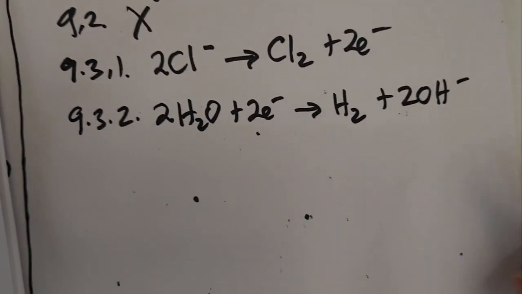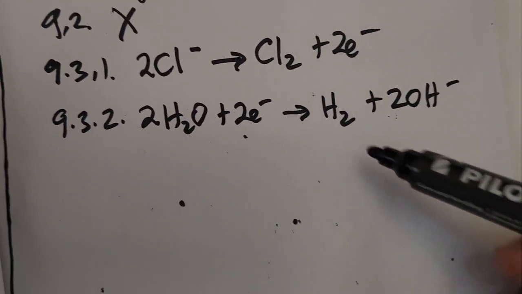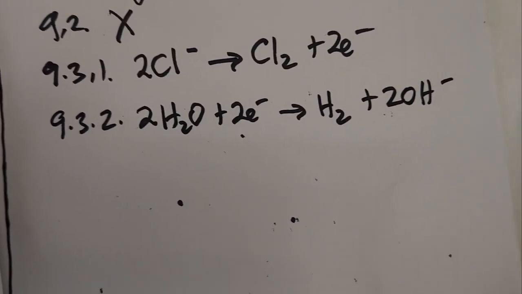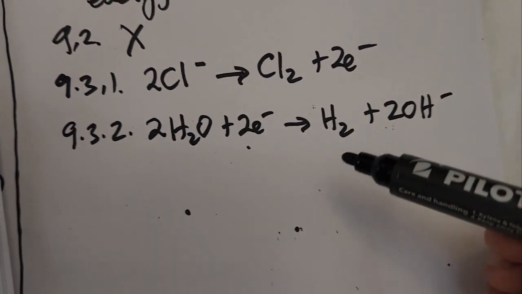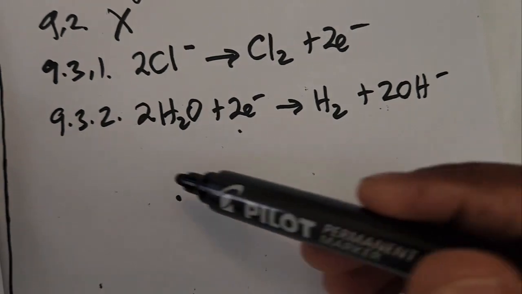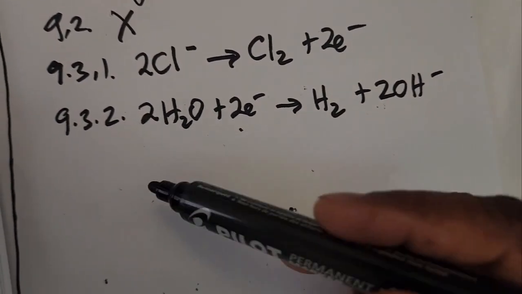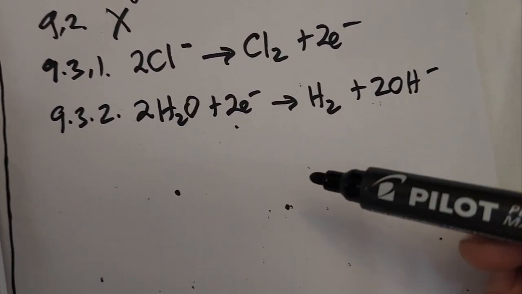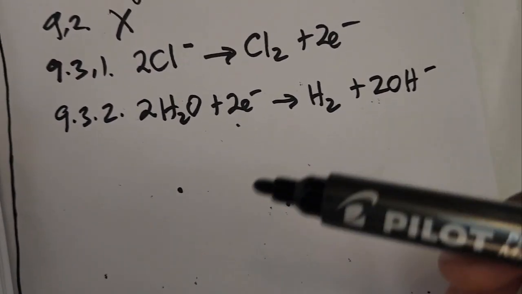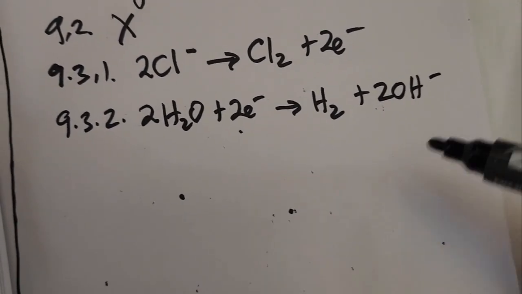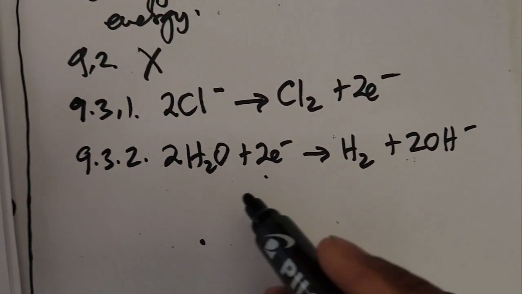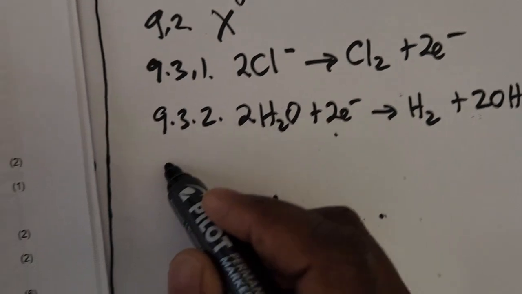Remember, they can even ask why hydrogen is formed at the cathode, not sodium. You look at the oxidizing abilities of water and sodium ions: water is a stronger oxidizing agent than sodium ions. Therefore, water will be reduced to form hydrogen, and sodium ions will not be reduced to form sodium. That is a nice question that can give you more marks in this section.